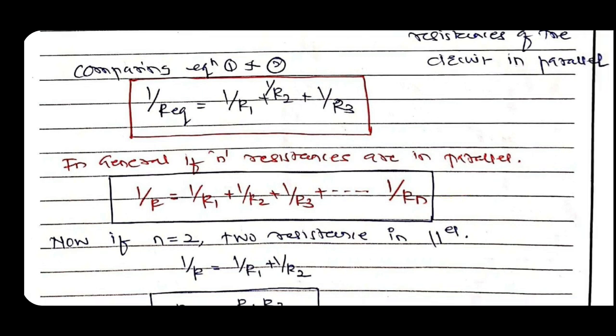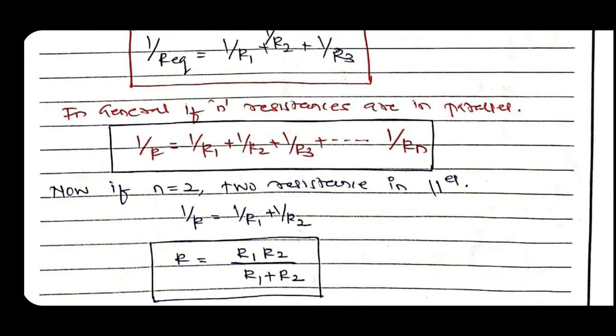But if there are two resistors connected in parallel, then you can use this formula: 1 upon R is equal to 1 upon R1 plus 1 upon R2. That means total resistance R is equal to R1 into R2 upon R1 plus R2.